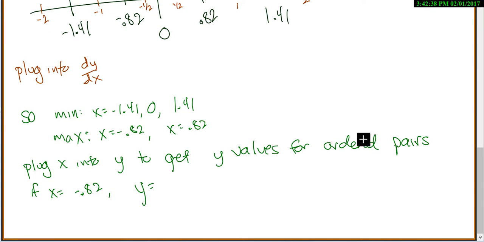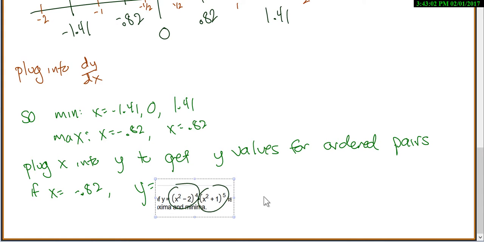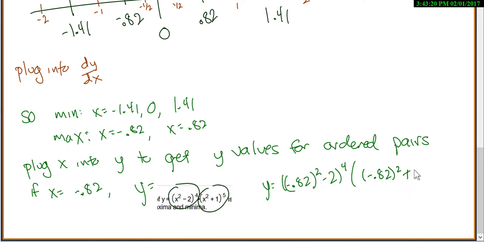I went up above and copied what y equals, just so I can see it here. So if x equals -0.82, y is going to equal (-0.82 squared minus 2) to the power of 4 times (-0.82 squared plus 1) to the power of 5. So I put this in and y is 40.64. And similarly, if x equals positive 0.82, then y is also going to be 40.64.